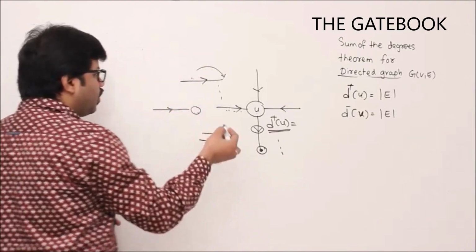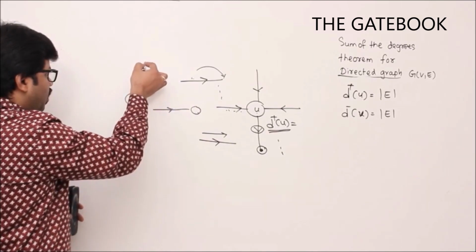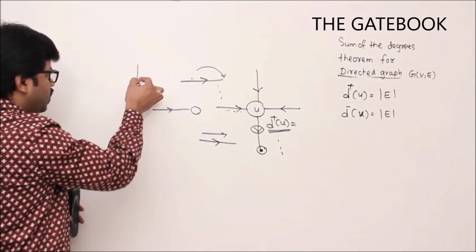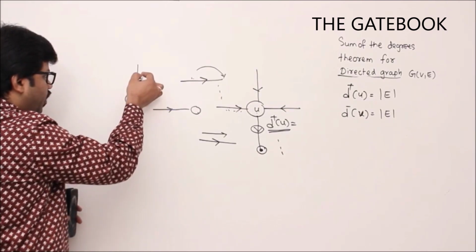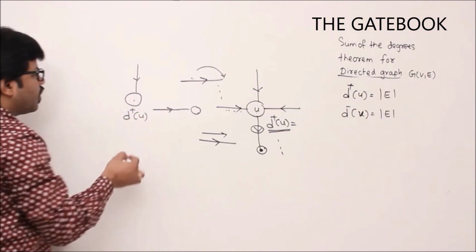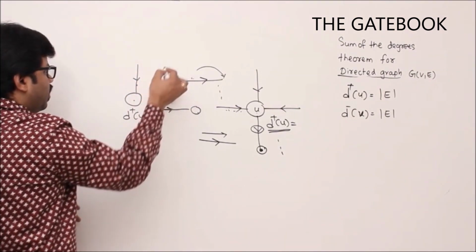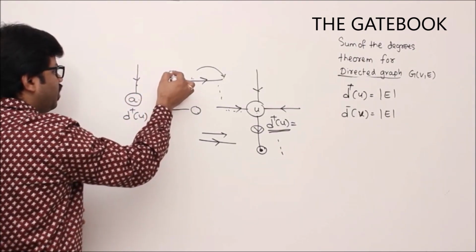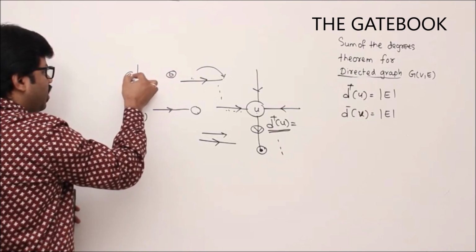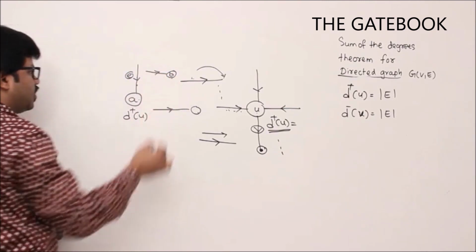Example, let's say I am counting one edge twice. Let's say I am counting this edge in the in degree of one vertex, and I am also counting the same edge in another vertex's calculation. Say this is vertex A, there is another vertex B, and this edge is named E. What if this edge is going to be incoming for another vertex?